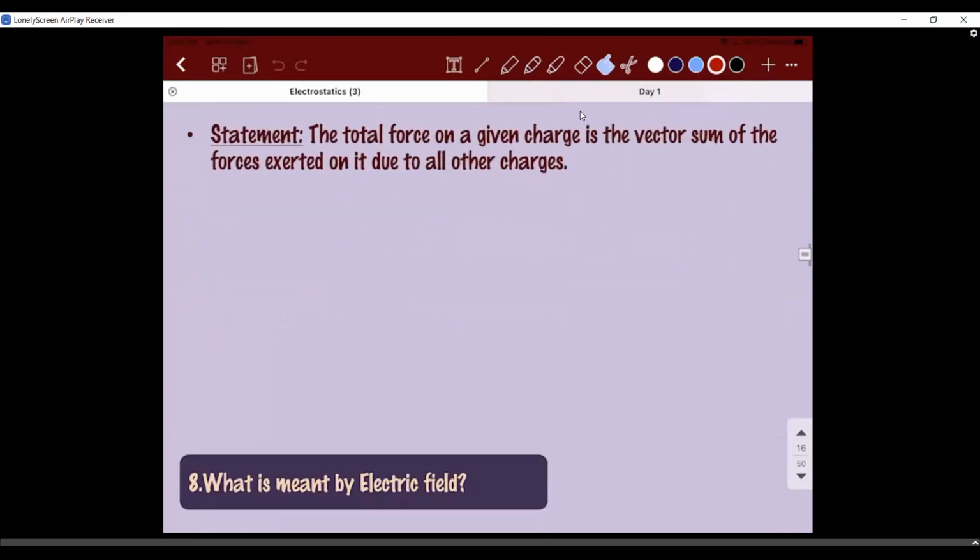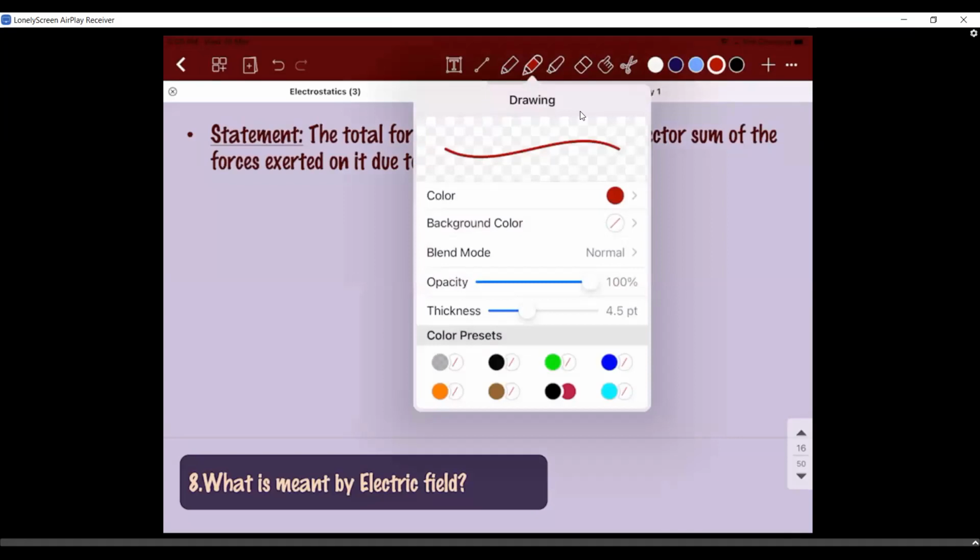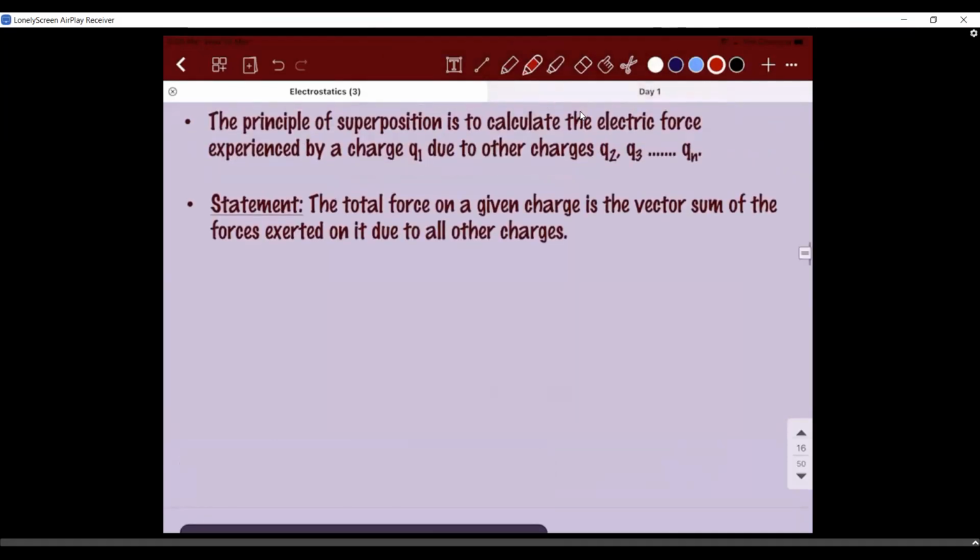See, if I take, let us say there is a system like this: a charge Q1, another charge Q2 and another charge Q3, right?